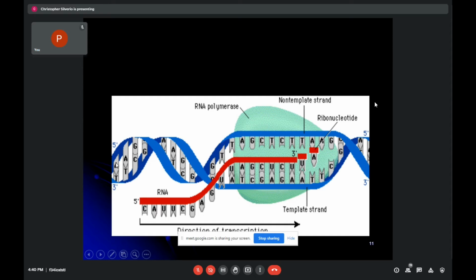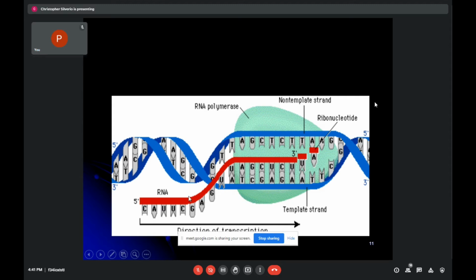This is how. The RNA polymerase moves from 3' to 5' direction. What happened?